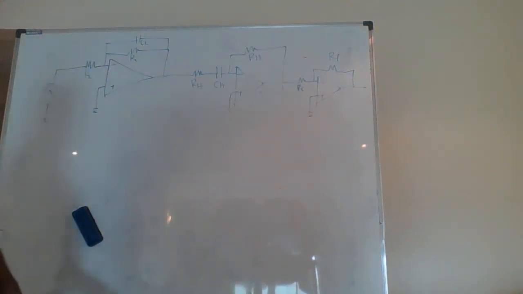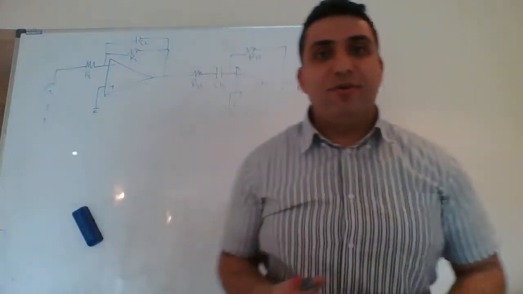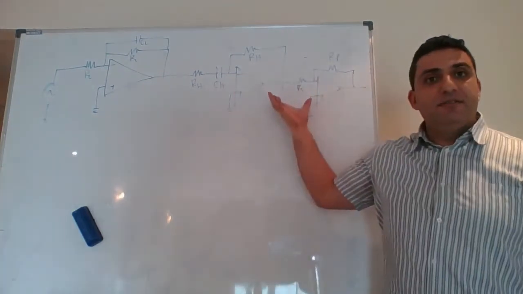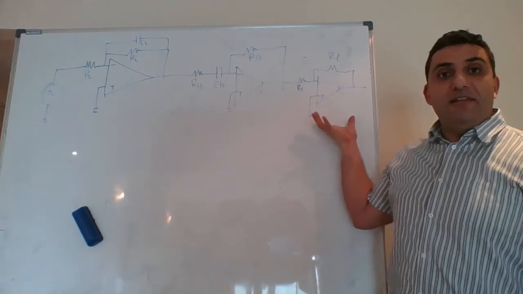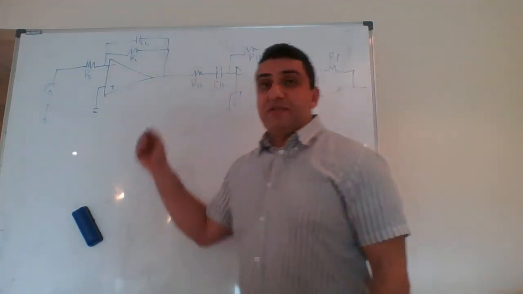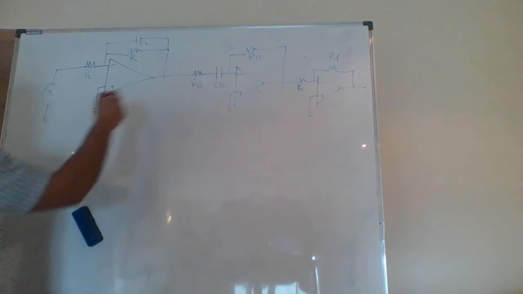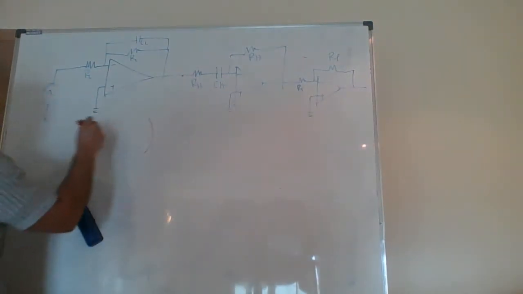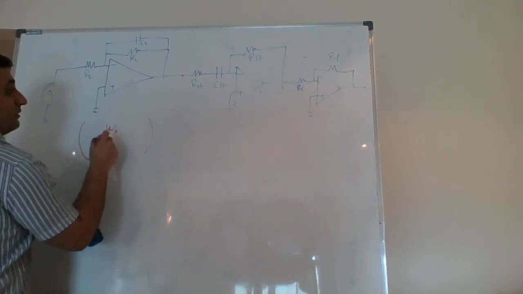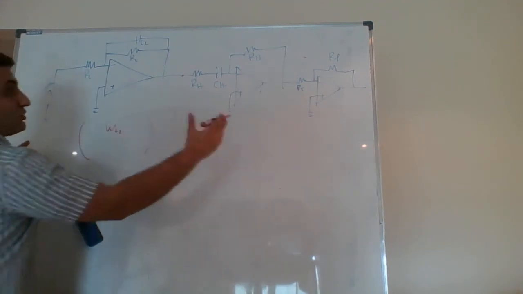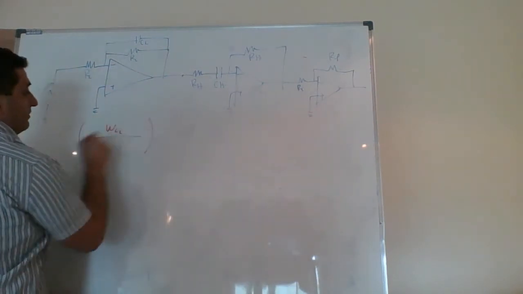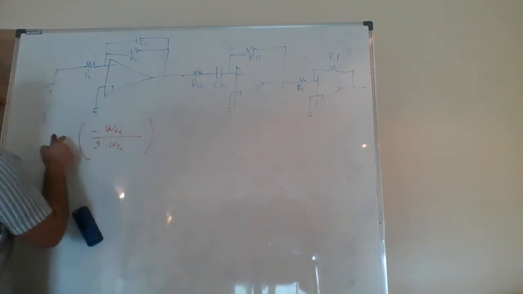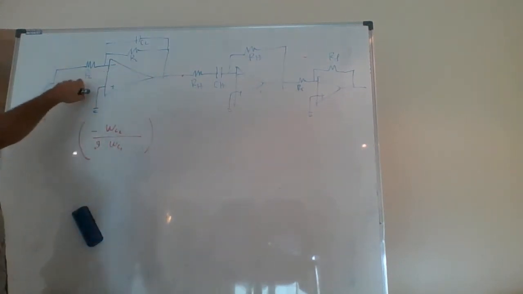What I've done now is, as I said before, I need a low pass filter, then a high pass filter, and then a gain if required. Low pass filter in here, with this output going in here. It's equal to omega C2 divided by S plus omega C2, with K equal to 1 because they must have the same resistors.